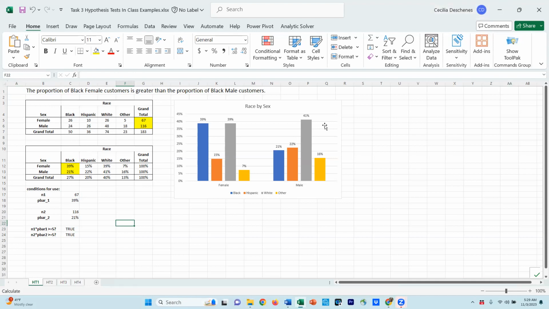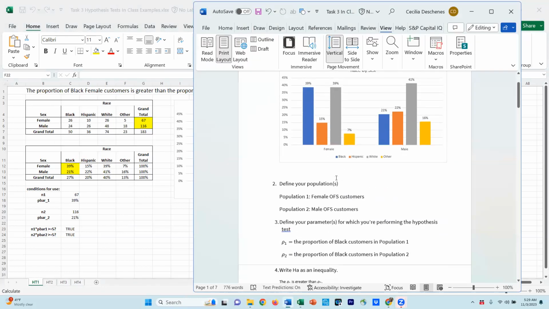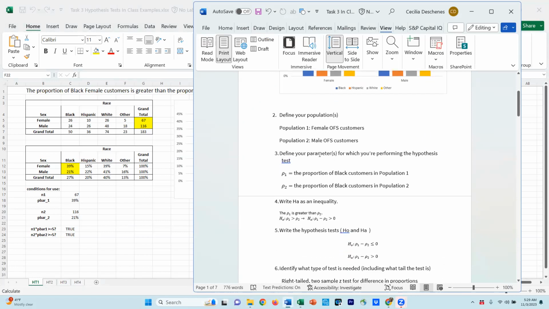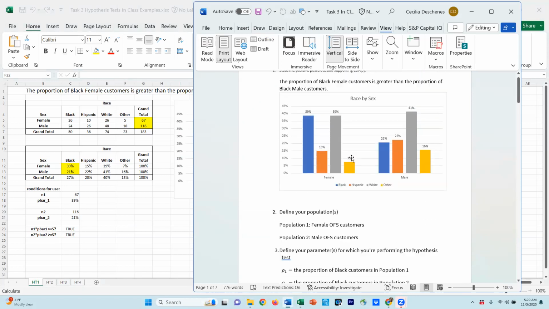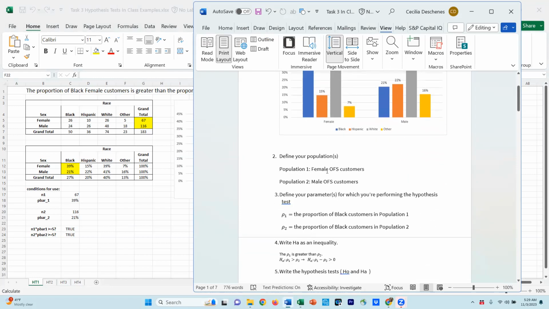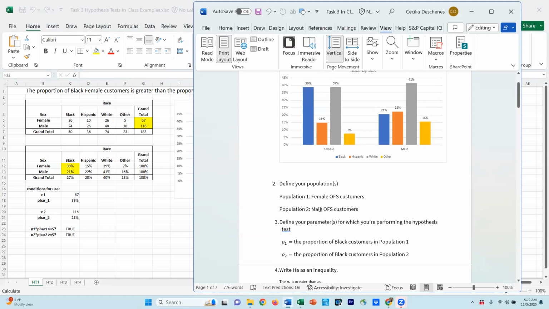We did this already in class. We start out by converting what we're seeing into a hypothesis test. So identify the two populations. Population one is the female customers, and population two is the male customers.